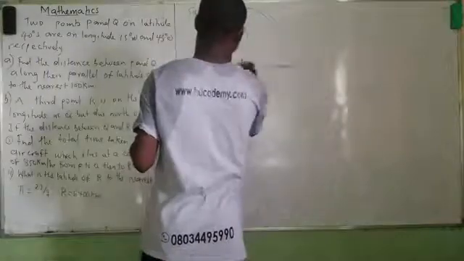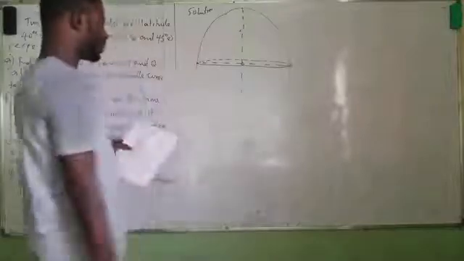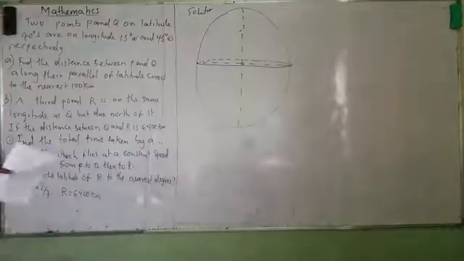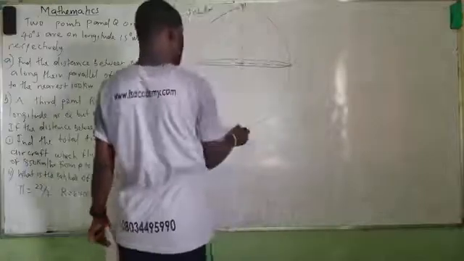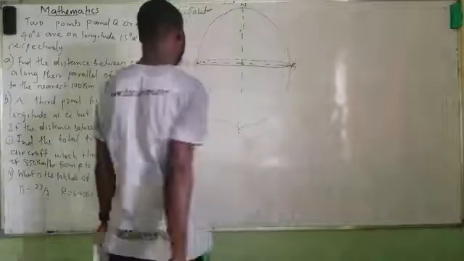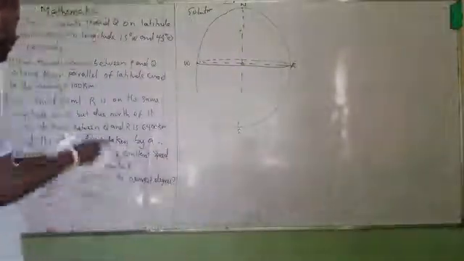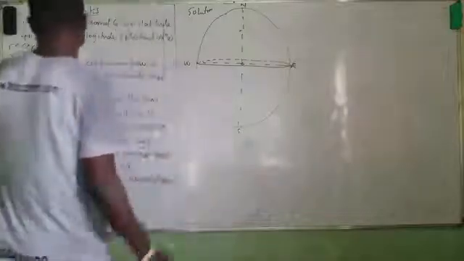Don't forget this, which is also known as our great circle. Now we have north pole, south pole, west, and east. Take note of that.